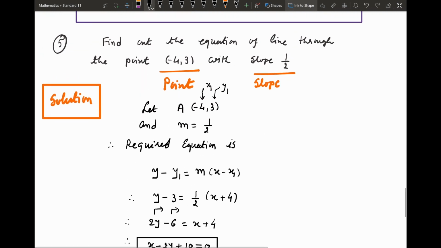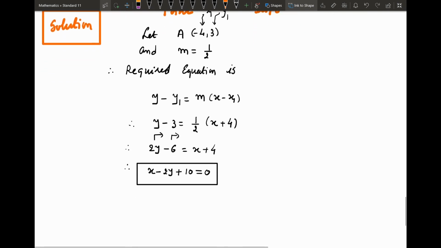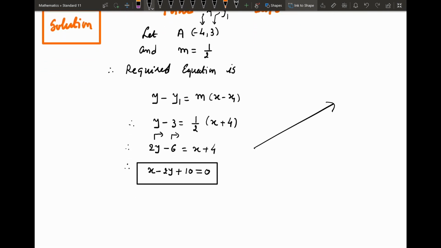So using point slope form, if for a line a point (x1, y1) is known and its slope is known, then to find the equation of this straight line, use the point slope form y minus y1 equals m into (x minus x1).